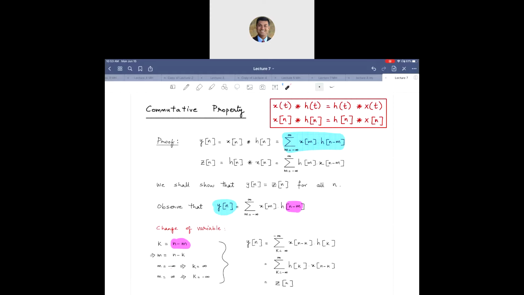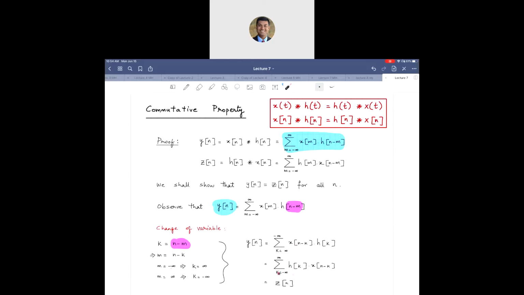Now a little bit of simplification here. So k equals infinity to negative infinity can be written in the reversed order without any effect to the summation because summation is commutative. h of k can be written up front because multiplication is commutative. Then you can have x of n minus k written over here.